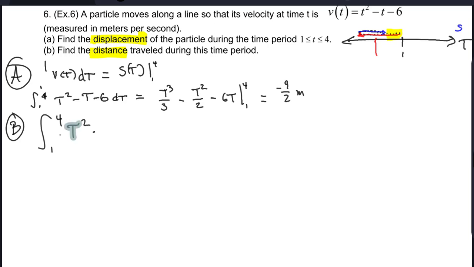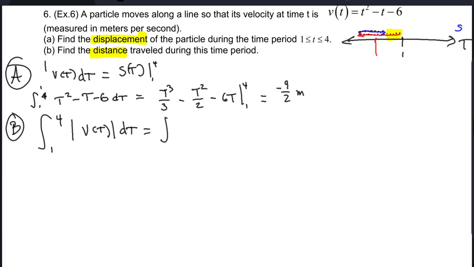Let me write it formally first: the integral of the absolute value of the velocity, dt, from 1 to 4. Now, here's a dilemma, because the velocity function is sometimes negative.